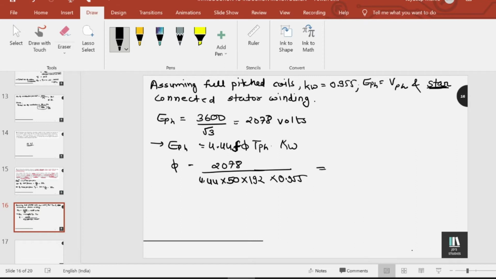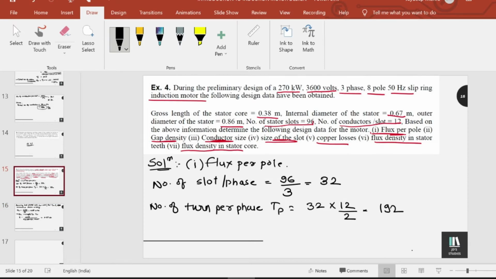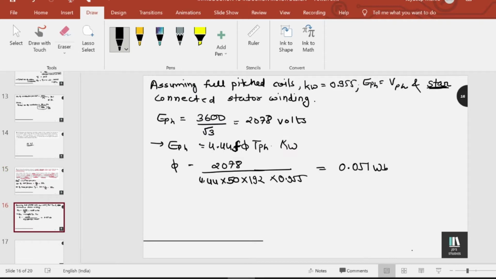So we get the value of phi: 0.051 Weber. So the flux per pole is 0.015 Weber. We will mark it with a star.